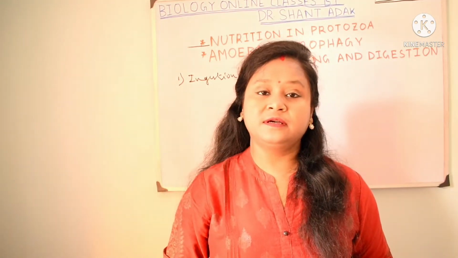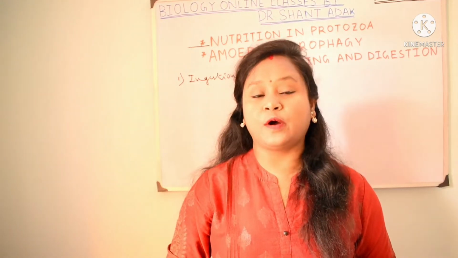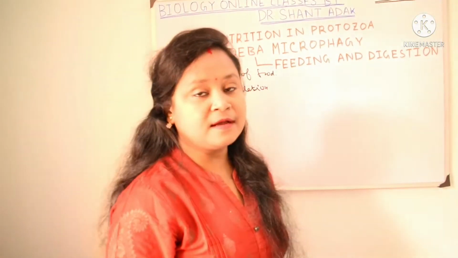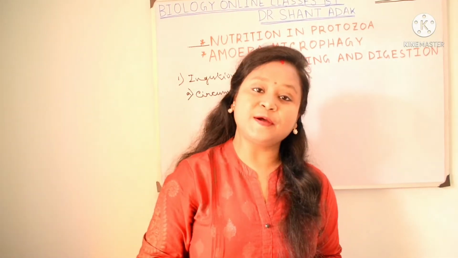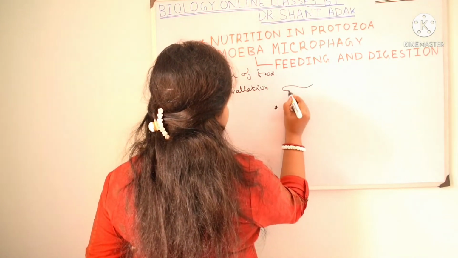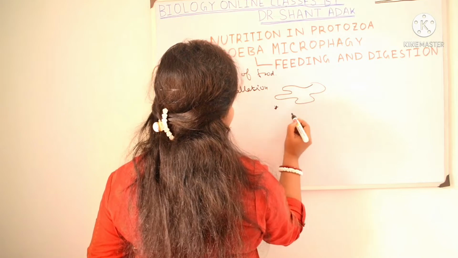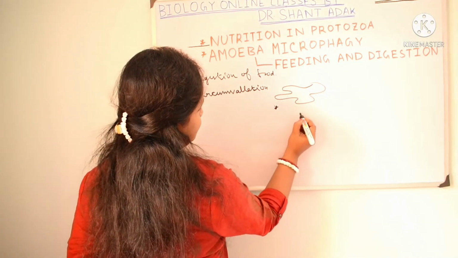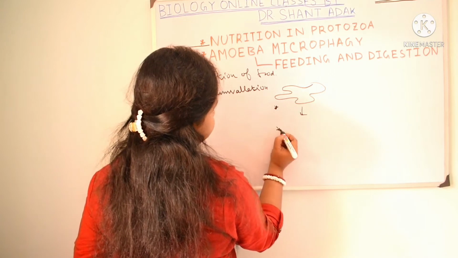The following methods of ingestion are employed. The first one is circumvallation. So what is circumvallation? This is a food particle. This is amoeba, with the food particle in front of it. What will be its next step?